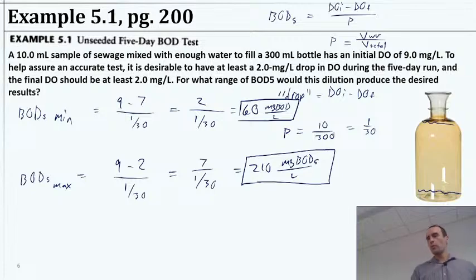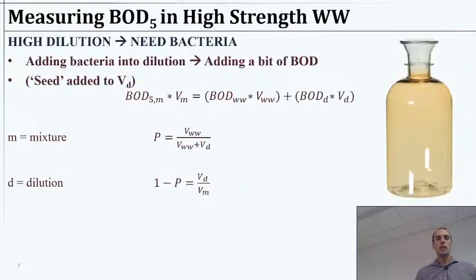So pretty straightforward there. Next up, when we dilute and we have to add bacteria, like I mentioned, it turns out this is going to be just a very small headache, because when we're adding bacteria, we have to make sure that the bacteria themselves are kind of happy with whatever state they were in beforehand.